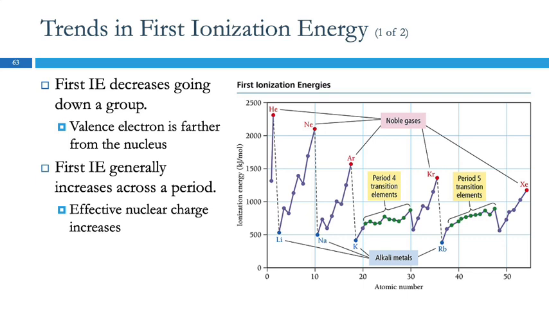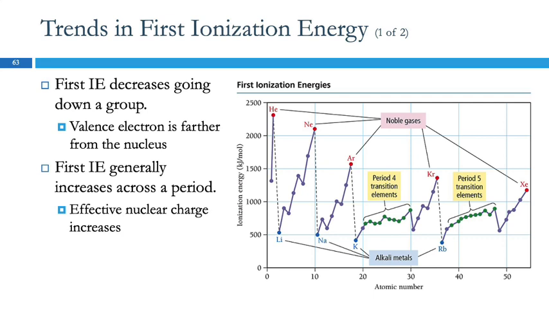We see that the first ionization generally increases as we go across a period. So that's going from lithium to neon. We see it's actually a pretty big jump, isn't it? The ionization energy is increasing. Well, what's happening to the size? When we go across, the atoms are getting smaller, right? Harder to take electrons from a smaller atom.